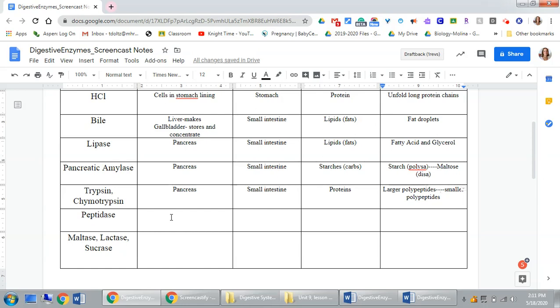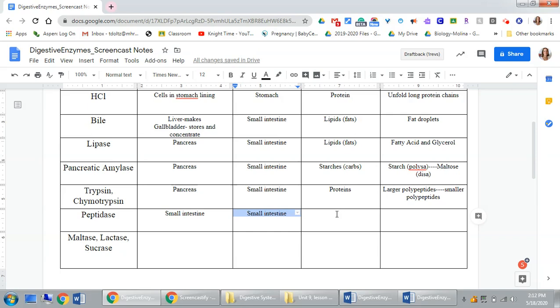All right, so here we go. Here's a new one, peptidase. For the first time, we've actually got an enzyme made in the small intestine. So if it's made in the small intestine, it's also going to be used in the small intestine. Here's where we're going to start finishing some stuff up. We made our big proteins into larger polypeptides and then into smaller polypeptides.